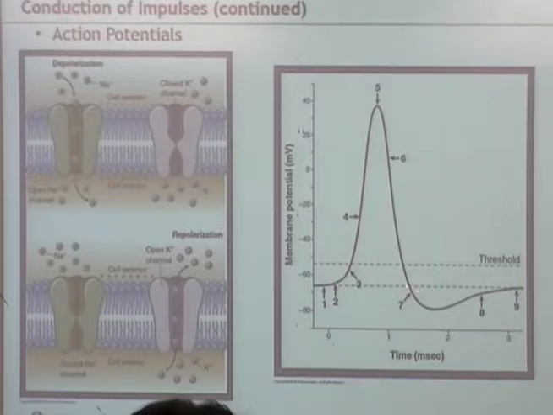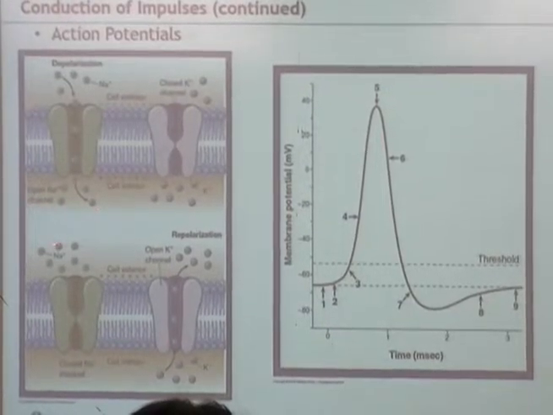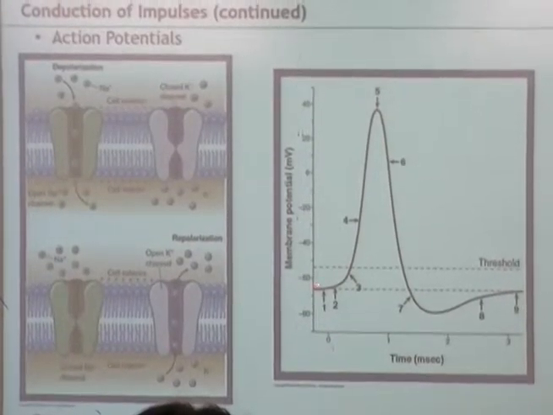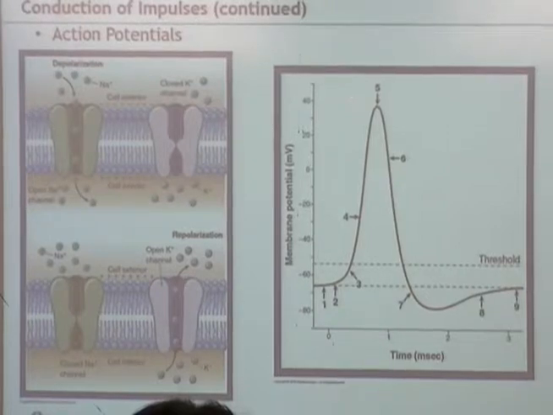Here's my resting membrane potential. On this diagram, they've set it at around -65. We open the gate, and the sodium goes across the membrane, and we see a big, very rapid change in the potential across the membrane.